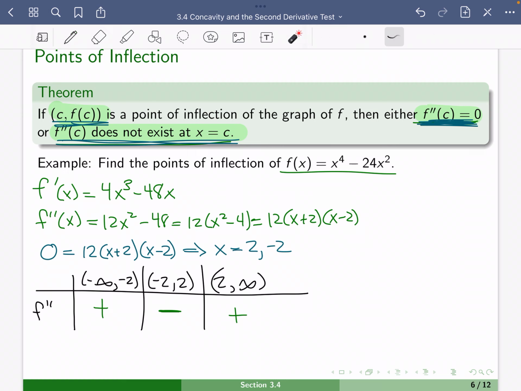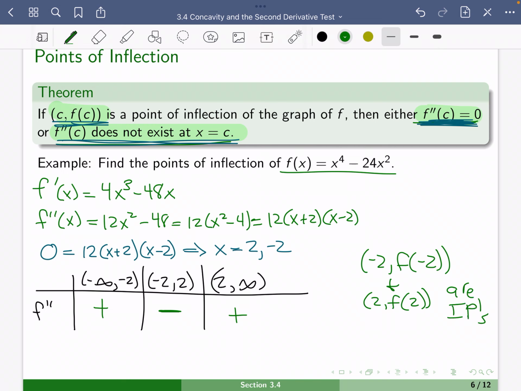So we can see that the concavity of the function changes from concave up to concave down at negative 2. So negative 2 comma f of negative 2 is an inflection point, and 2 comma f of 2 is also an inflection point, because at 2 it changes from concave down to concave up.